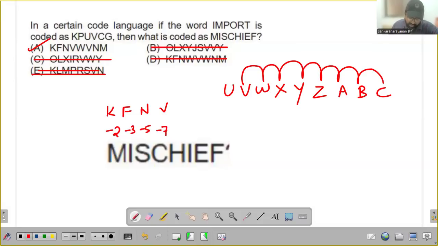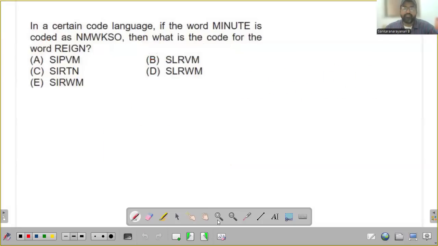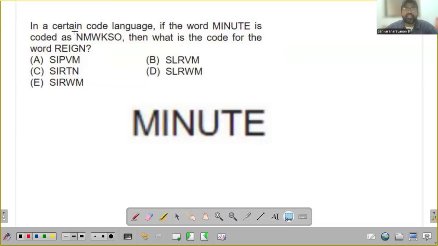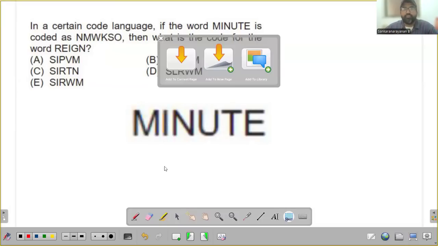Now, in the same logic, let's consider another one. In a certain word, minute is getting coded as NMWKSO. So let's see what is happening here. Minute is getting coded as NMWKSO.